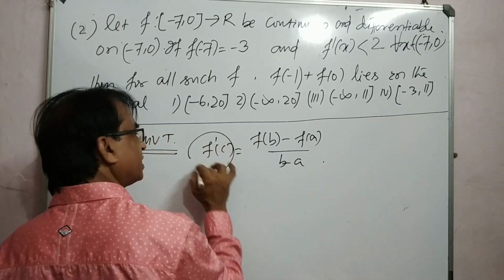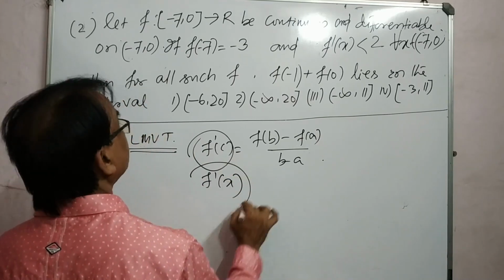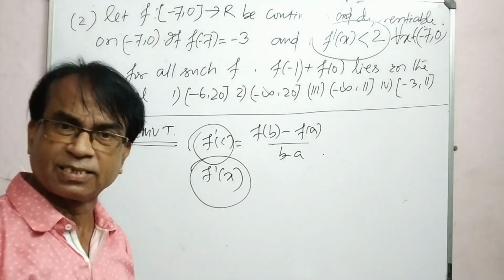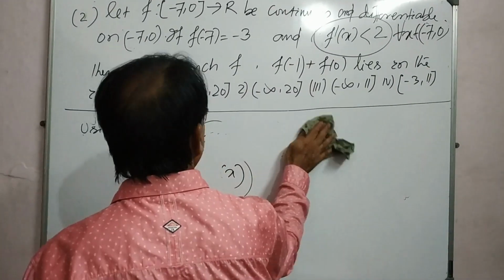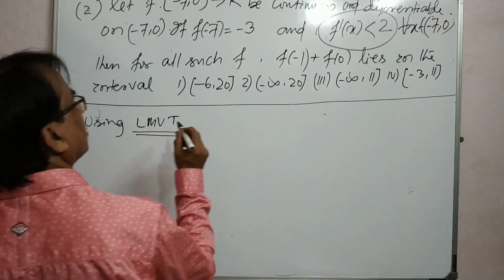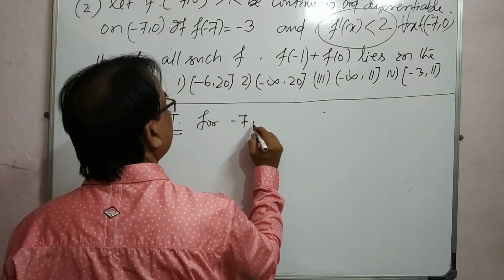Now this f dash c we will take as f dash x, and we correlate this f dash x to here. That is the analysis to be done, and now let us use it to find the solution using Lagrange's mean value theorem for the interval minus 7 to 0.